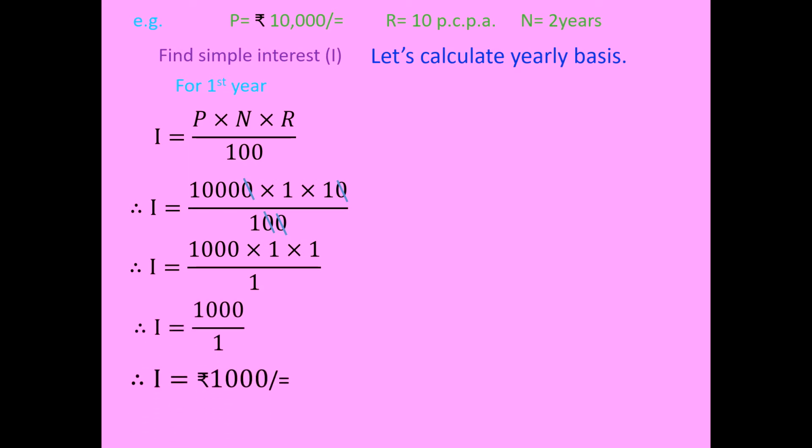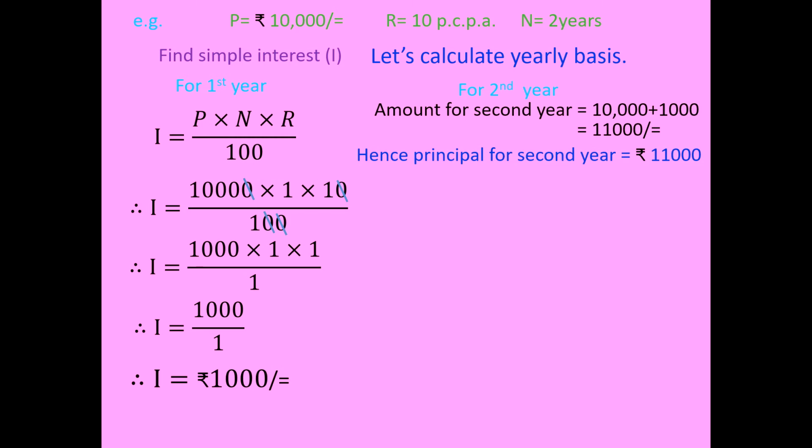When you go for the second year, the principal will change because the interest you got for the first year will get added. So the principal for the second year is 11,000. Now let us calculate again. P N R: 11,000 into 1 again, because it is for one year, into 10 upon 100.